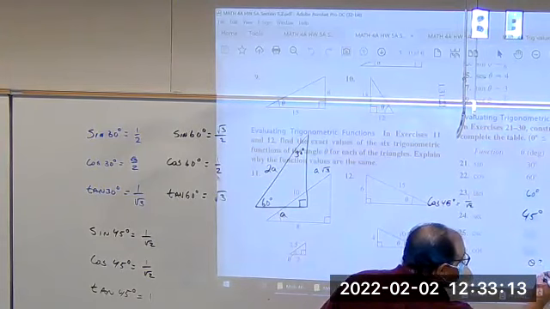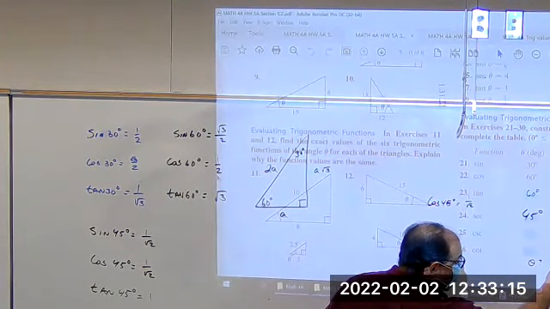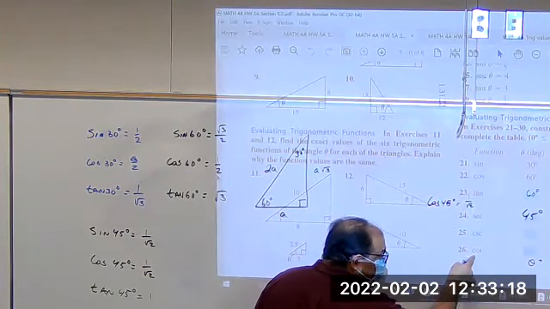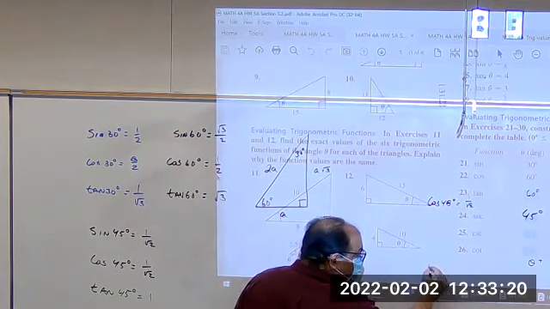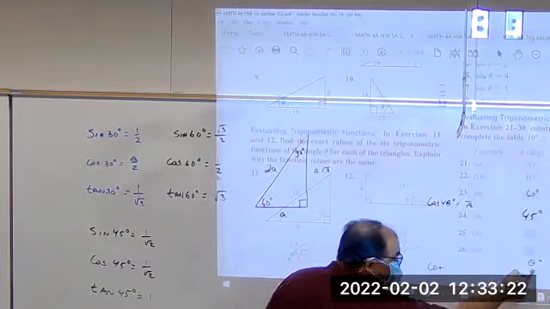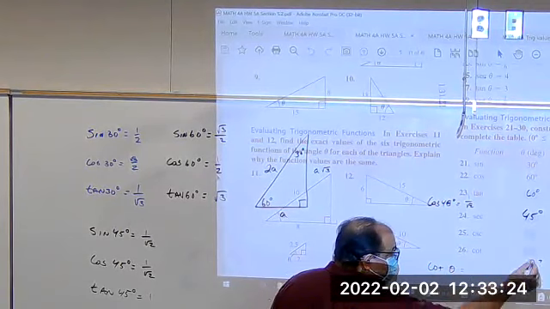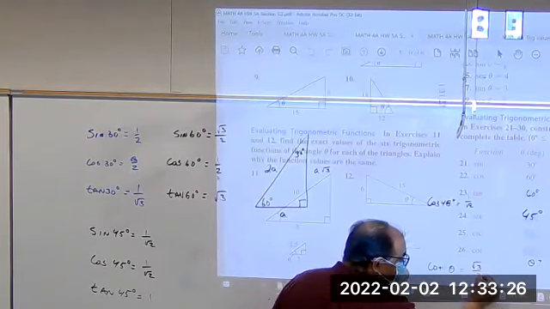So you're supposed to figure out what theta is in degrees and then in radians. So technically, if you wrote it as an equation, the cotangent of some angle theta gives you a ratio of square root 3 over 3.